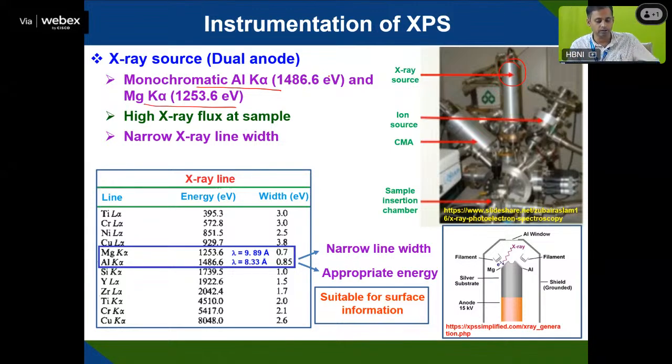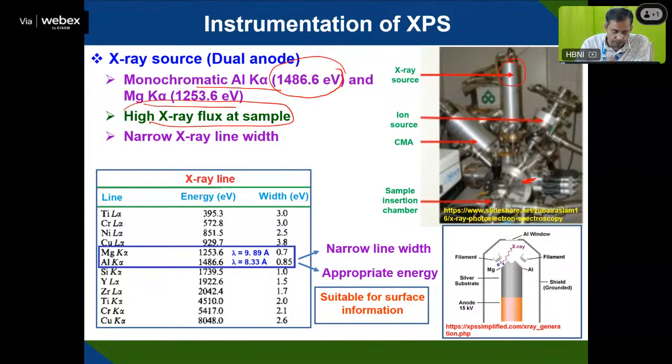So the energy is huge in case of XPS analysis, and there is a high X-ray flux at the sample. The sample is aligned somewhere here in the chamber. And it has a narrow X-ray line width. Both aluminum and magnesium have narrow X-ray line width.